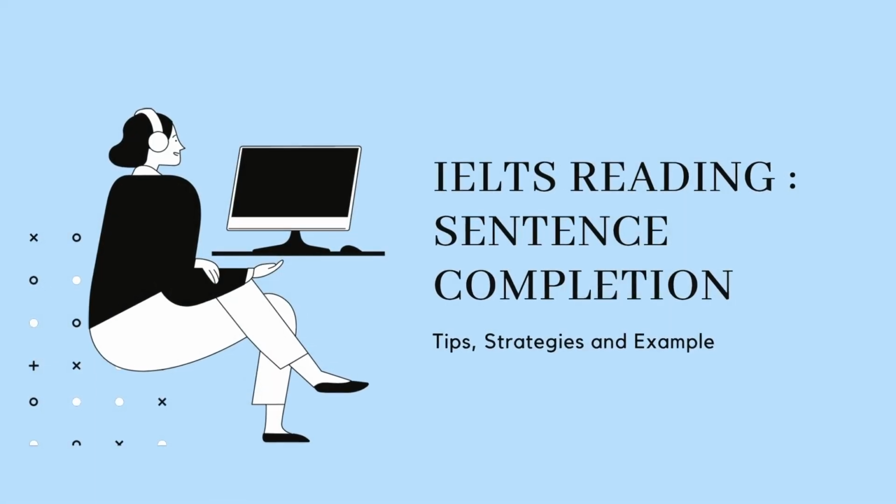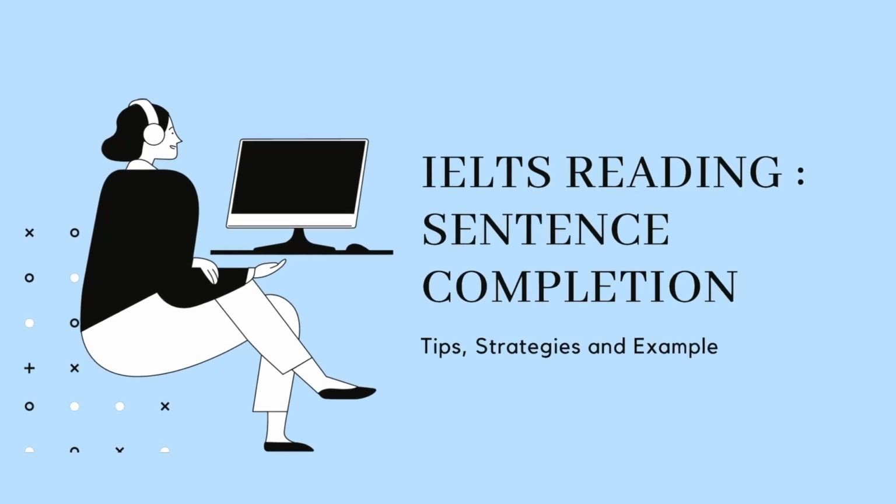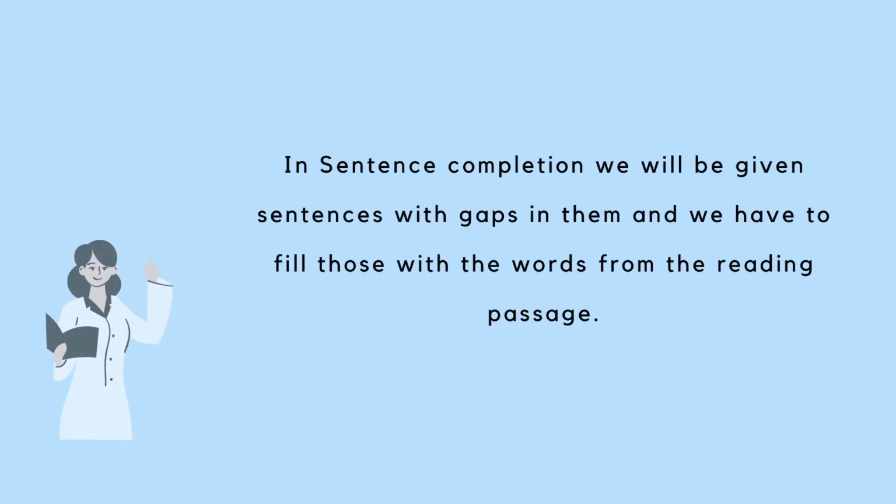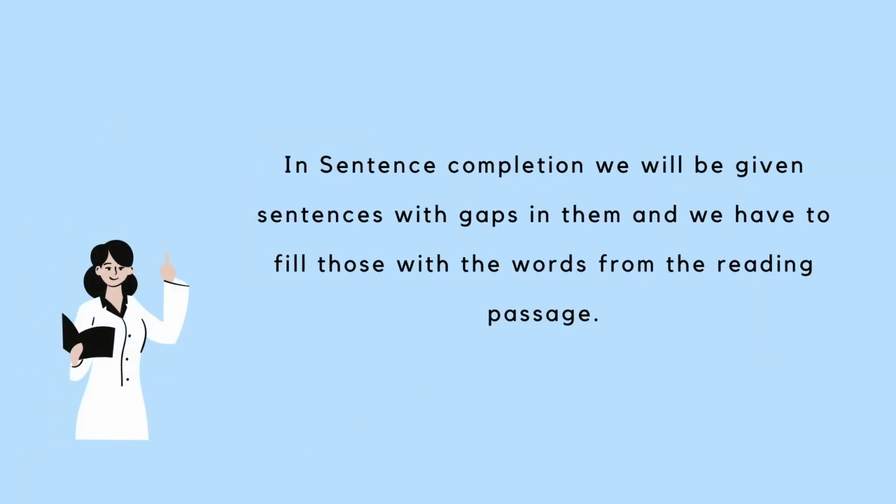In the sentence completion question types of the IELTS reading test module, you will be given a number of sentences with gaps in them and asked to complete the sentences with words from the reading text passages.